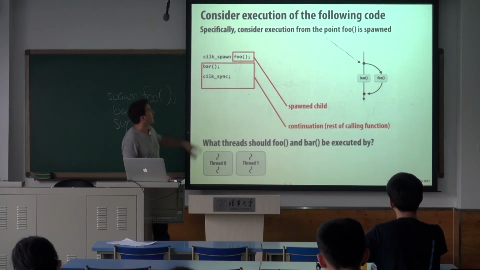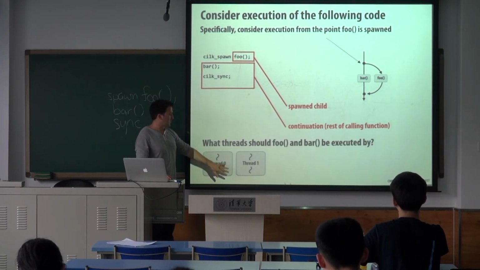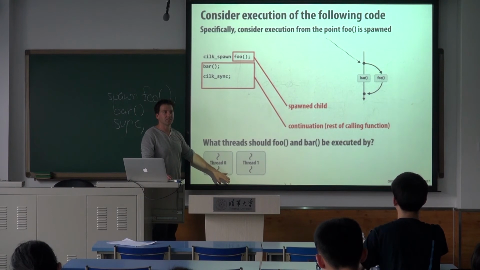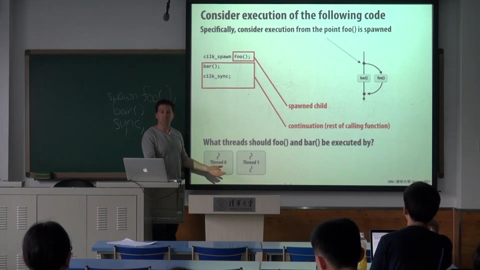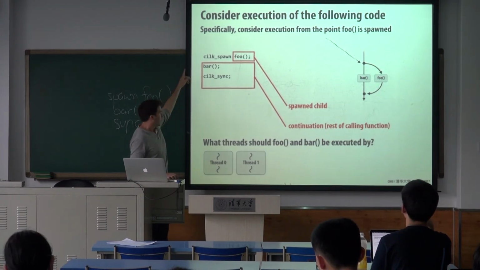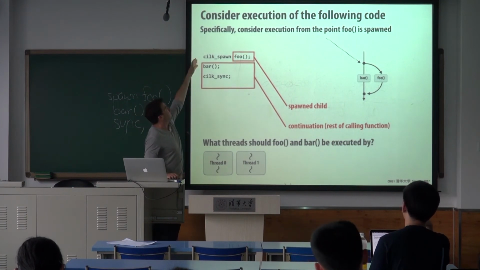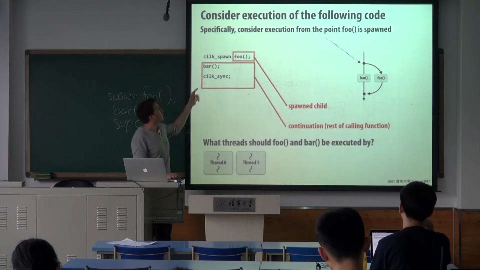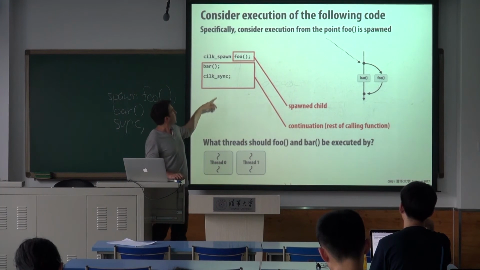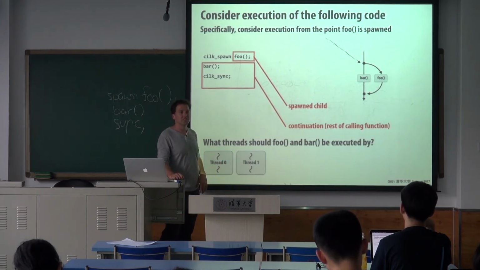So imagine you had this code, and you had a 2-core processor, 2 threads. It's an interesting question. If thread 0 is running this code, should thread 0 run foo, or should thread 1 run foo? How should this work out?